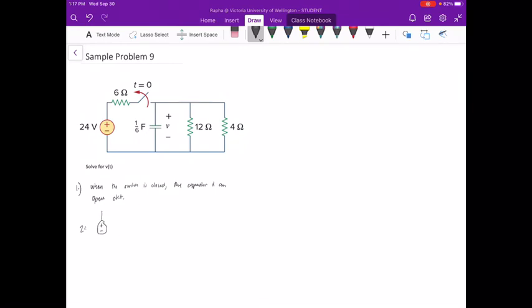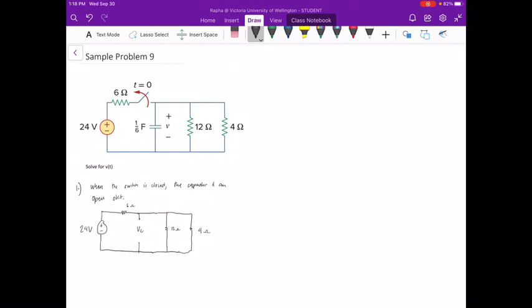So you have 24 volts, then we have the 6 ohm resistor, then as an open circuit we only have this one, V sub C, and then we have another two resistors in parallel, which are 12 ohms and 4 ohms.